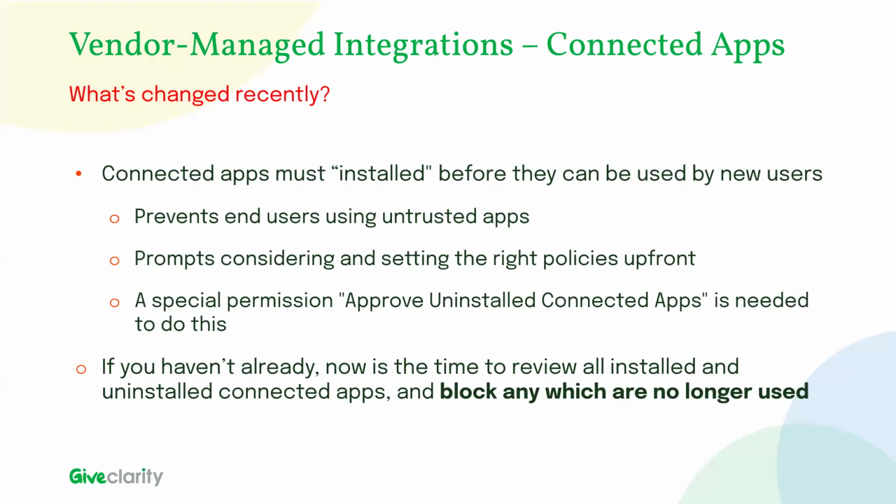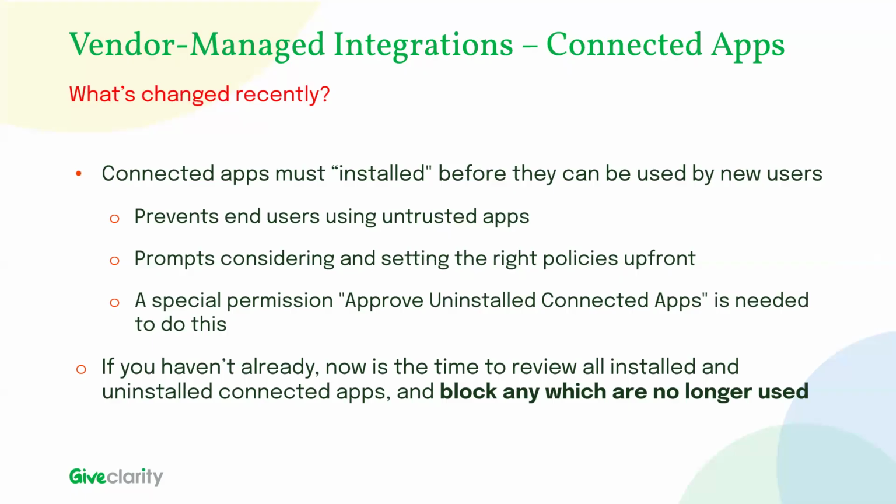It was put in place to control against the risk that any of your end users can authorize any connected app that you haven't blocked, and start providing that app access to your org. So there are now mechanisms in place to protect against that.